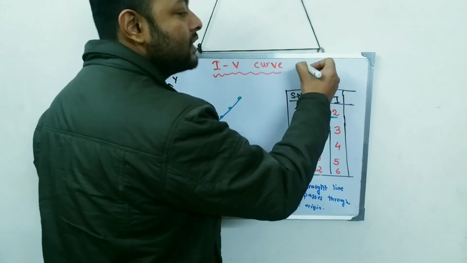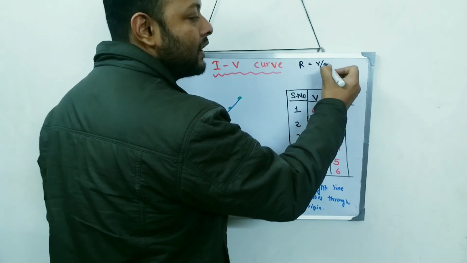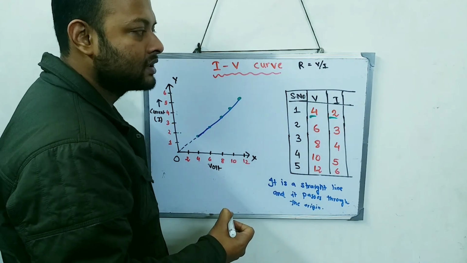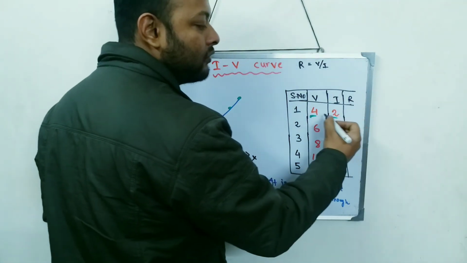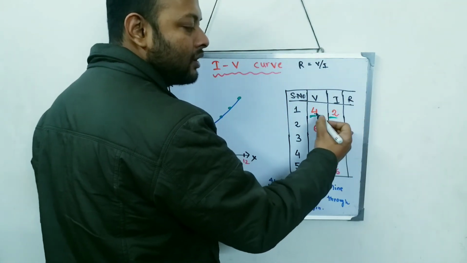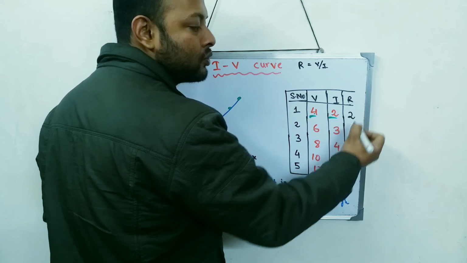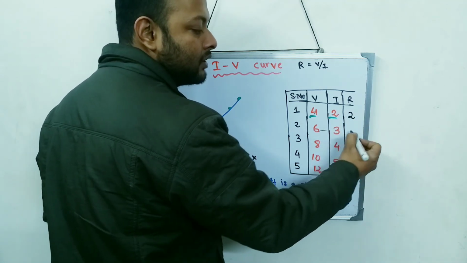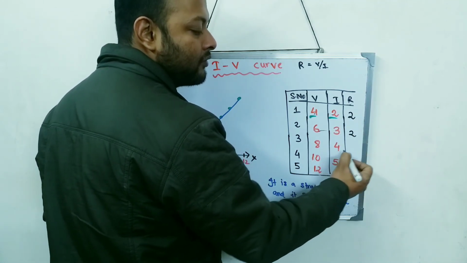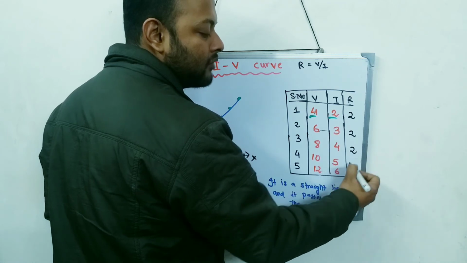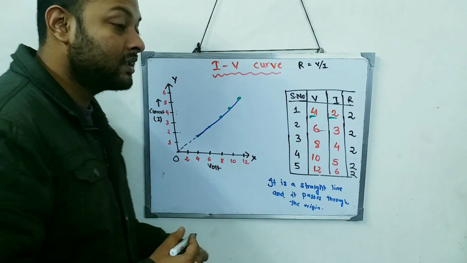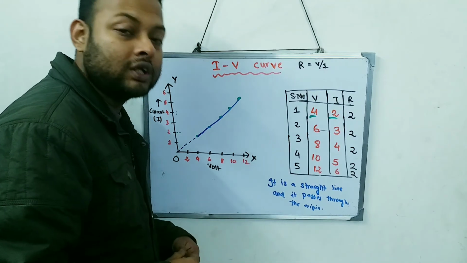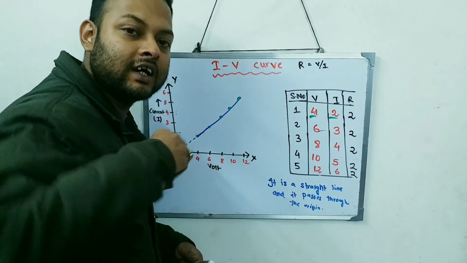So formula of resistance is what? V by I, as far as we know. Resistance is voltage by current. Now you apply, what is the resistance value over here? 4 by 2, V by I. So 4 by 2 gives 2. Over here, 6 by 3, 2, 8 by 4, 2, 10 by 5, 2, 12 by 6, that is also 2. So resistance in the conductor will not change as long as you don't change the conductor itself.